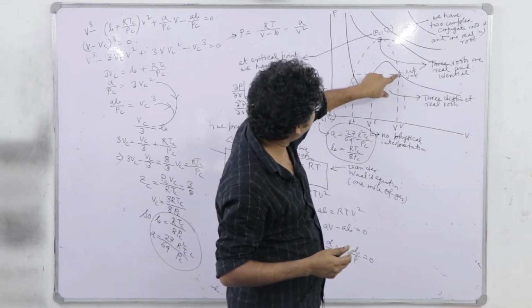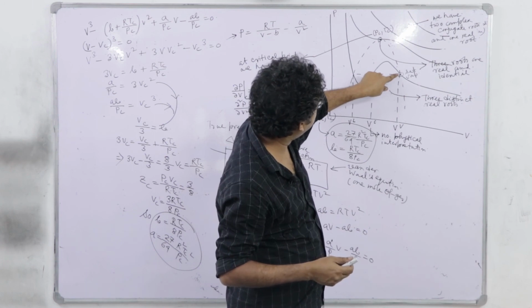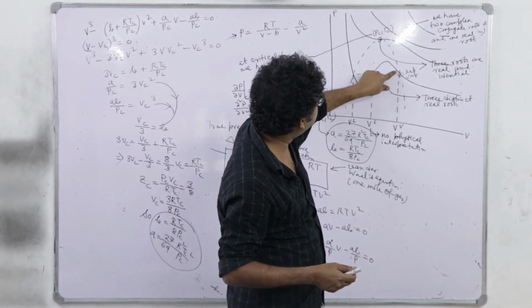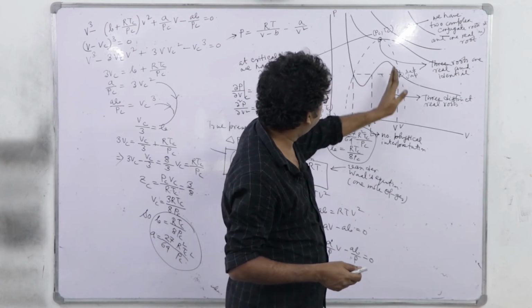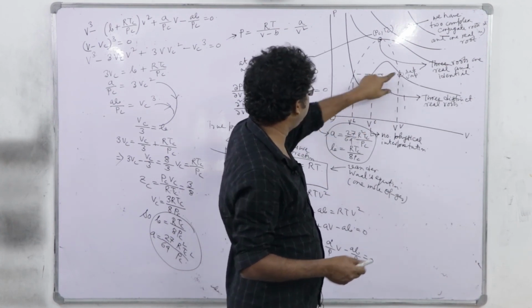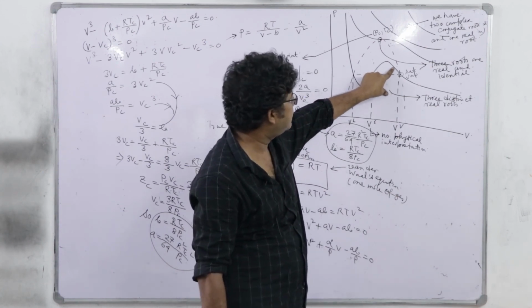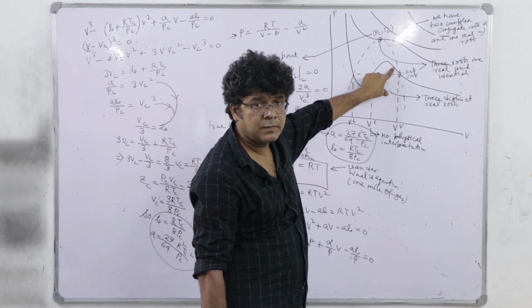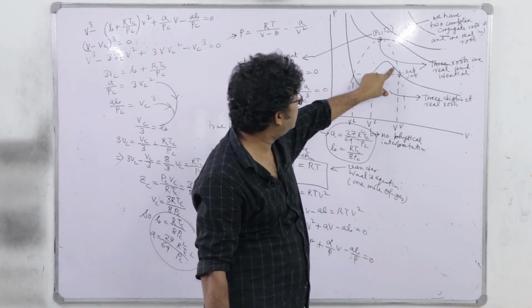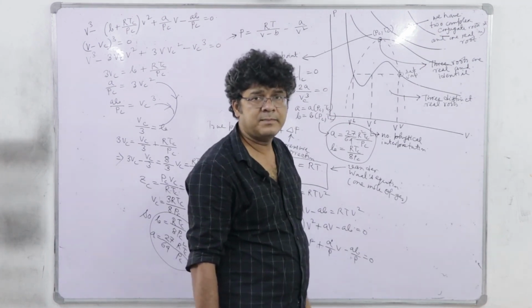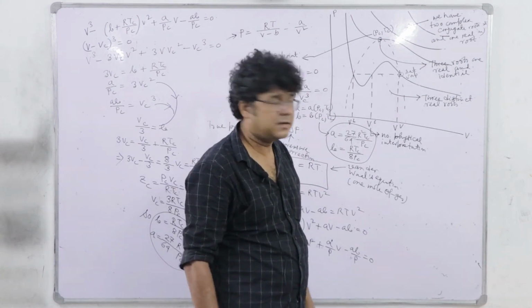However, what we are getting here, if I go on increasing the pressure, because the volume is being reduced, we are having an increase in the pressure, but still the vapor remains as vapor phase, which is absurd, right.